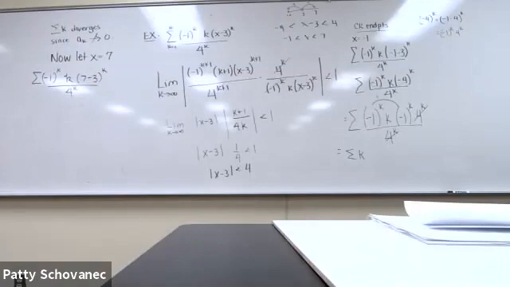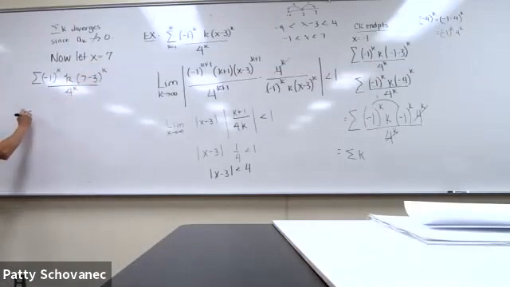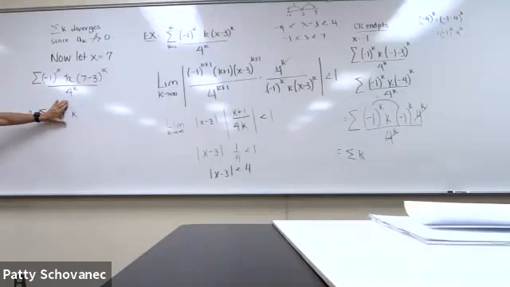So that 7 minus 3 becomes 4. The 4 to the k's again cancel. And this time I have this series. What do you know about that one? The general term still doesn't go to 0. Right? In the alternating series test, we need that term to go to 0. So it's also going to diverge.